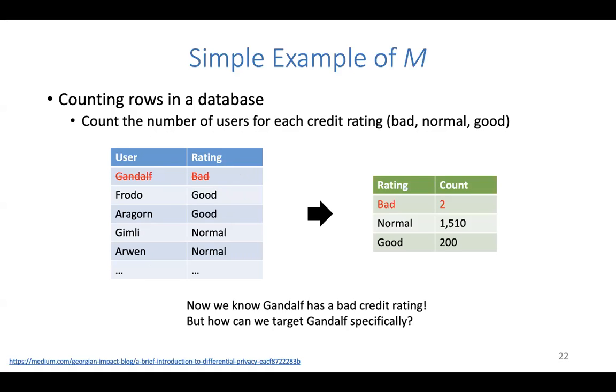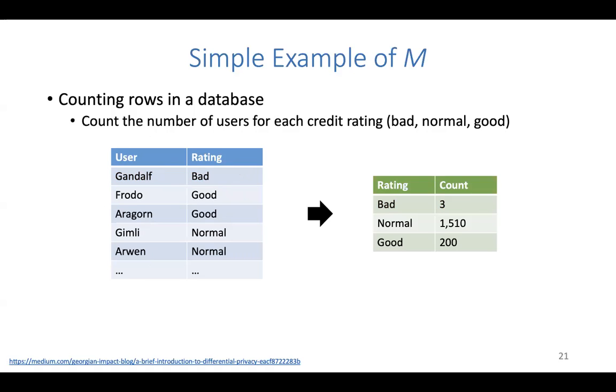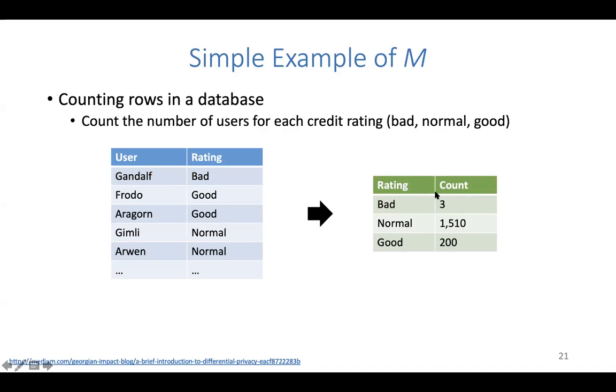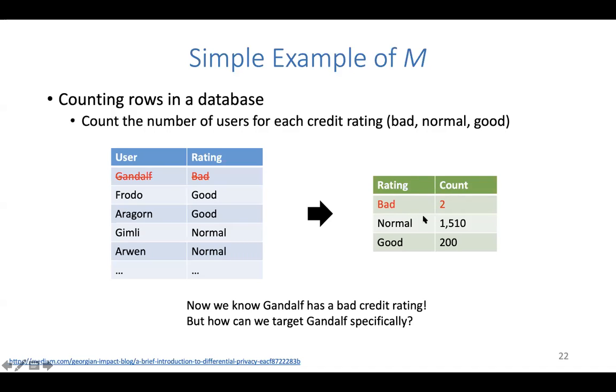Removing Gandalf's data from the data set leads to a difference in the final data. Before, there were 3 people who had a bad credit rating, but now there are 2 people who have a bad credit rating. So by removing Gandalf, we know that Gandalf had a bad credit rating.